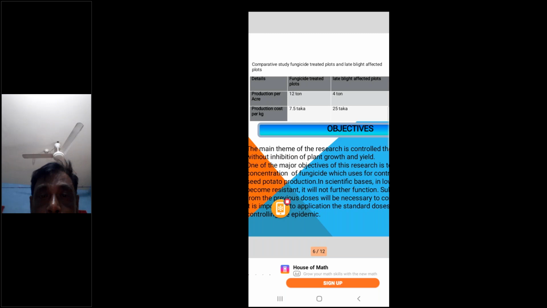The production cost per kg for fungicide-treated plots is 7.5 taka. On the other hand, in late blight affected plots, the production cost per kg is 25 taka.